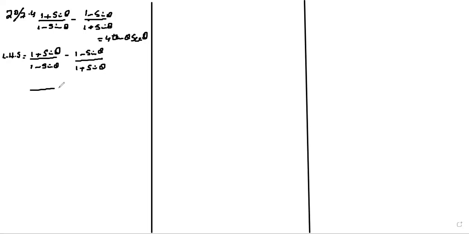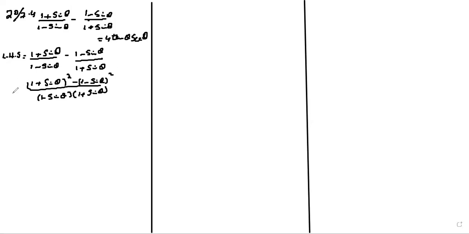Taking LCM, we have (1 minus sine theta) times (1 plus sine theta) in the denominator, and in the numerator (1 plus sine theta) square minus (1 minus sine theta) square.